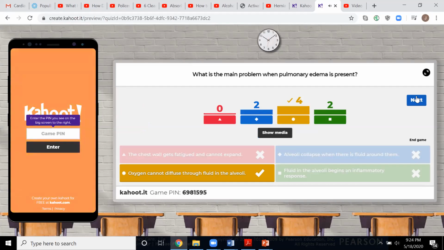Oxygen cannot diffuse through the fluid in the alveoli. With pulmonary edema, we're talking about fluid that's building up in the lung tissue. This fluid goes around the alveoli and interrupts the gas exchange between the oxygen inside the alveoli and the red blood cells inside the capillaries that surround the alveoli.